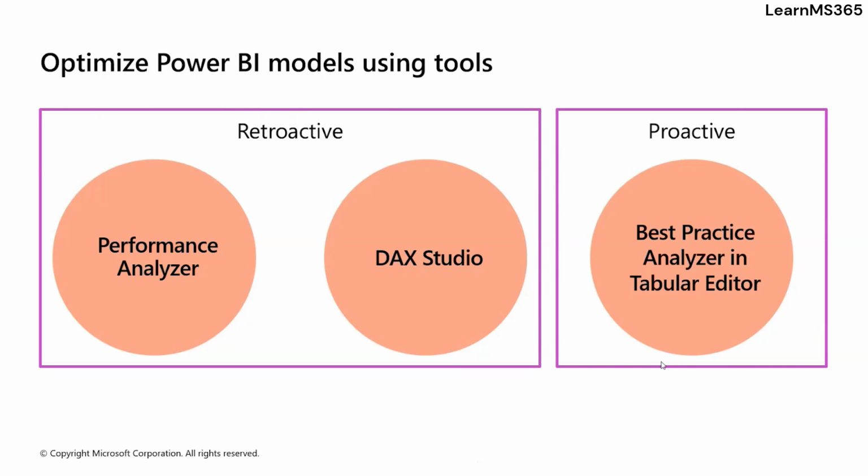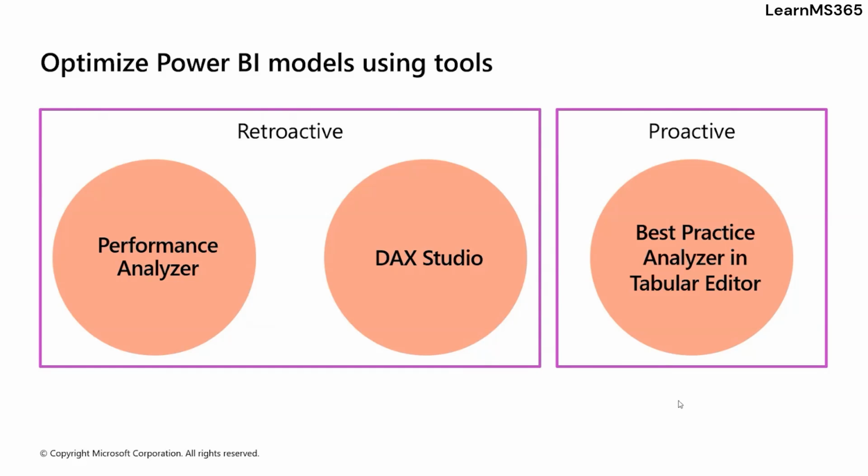So, optimizing the performance in the context of this section means making changes to the data model so that it runs more efficiently. And the tools we are discussing in this section will help you to troubleshoot and improve the data model, which ultimately improves user experience.